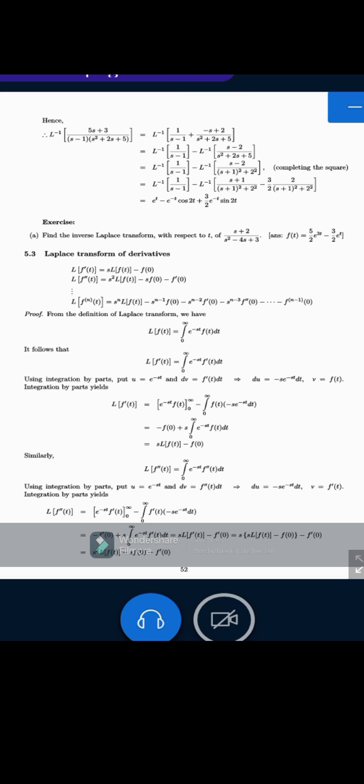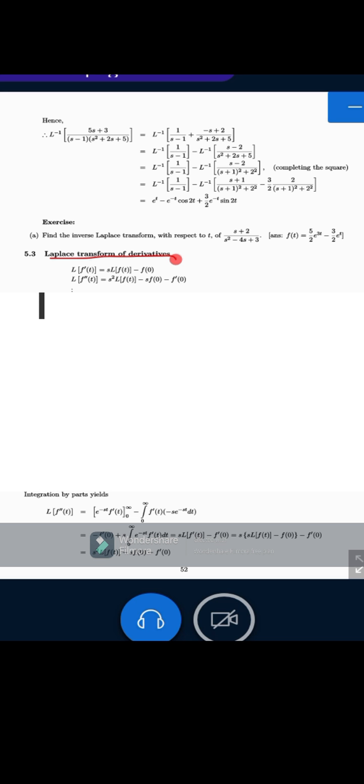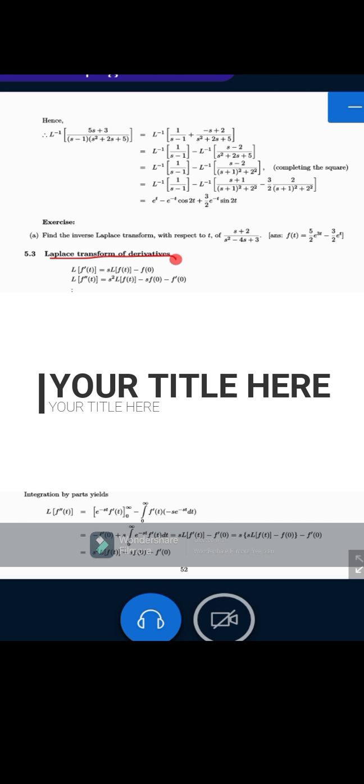Today, we'll focus on the applications of these Laplace transforms to derivatives. Basically, today we'll focus on the Laplace transform of derivatives. When you say Laplace transform of derivatives, you can have an expression like f prime of t, and we want to know that in terms of the Laplace transform.